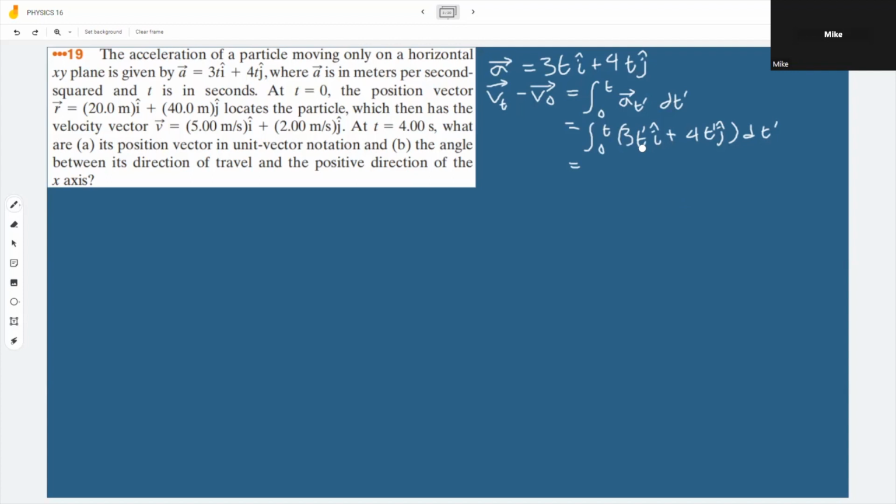Ito na siya. So, i hat plus 2t squared j hat. Ngayon, ano yung initial velocity? 5 i hat, 2 j hat.